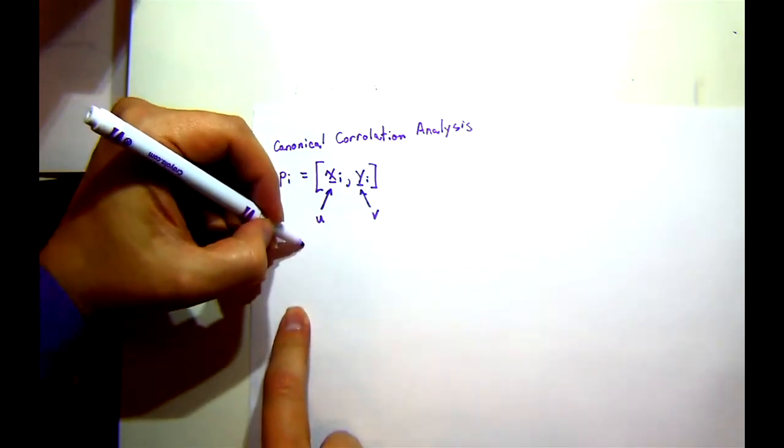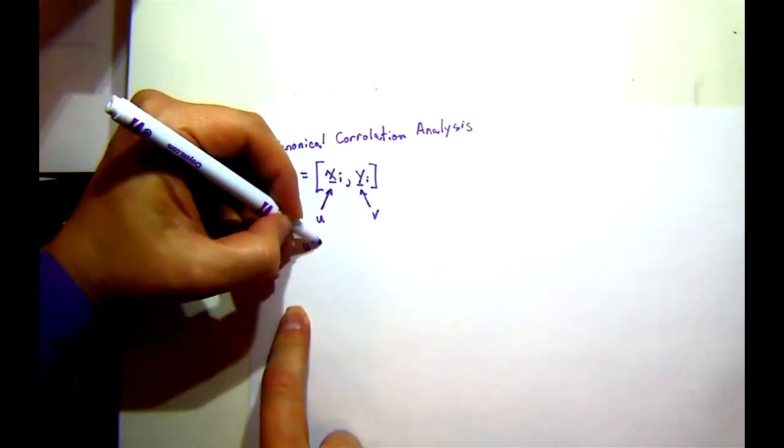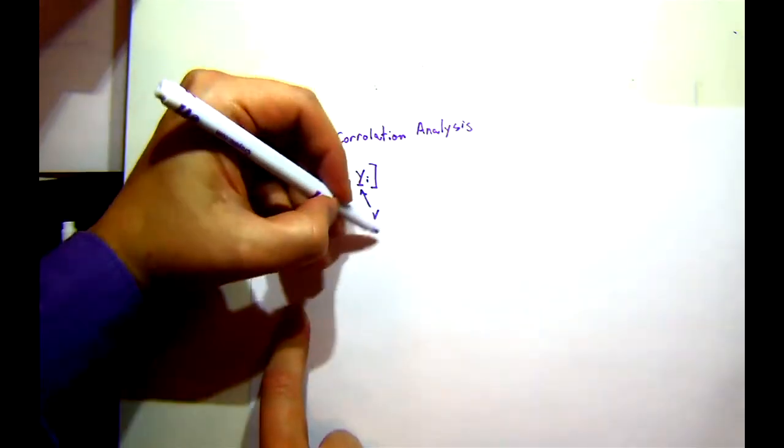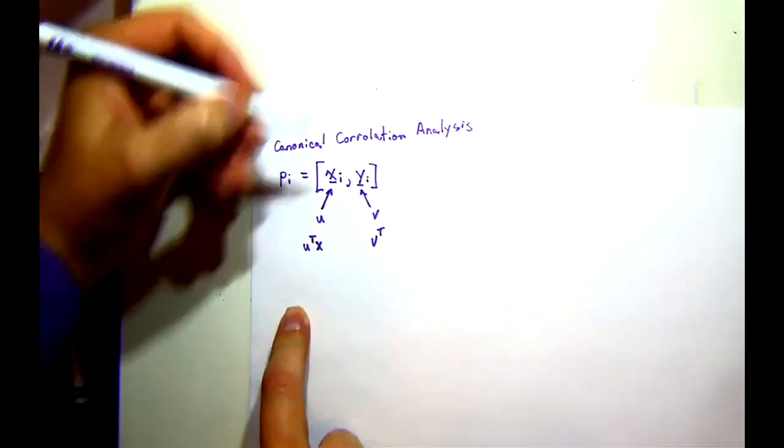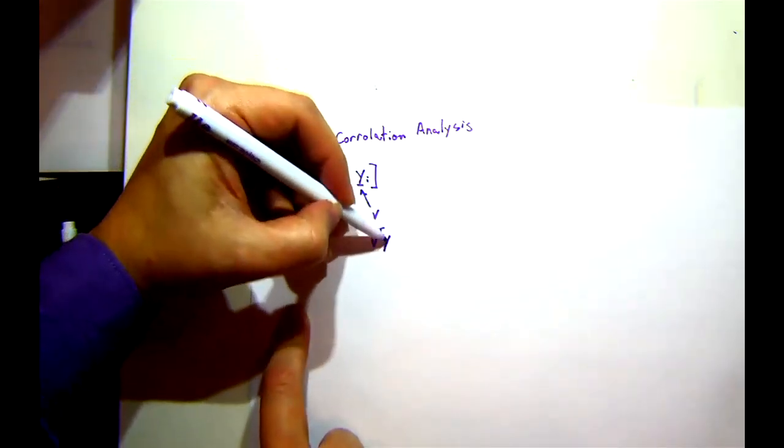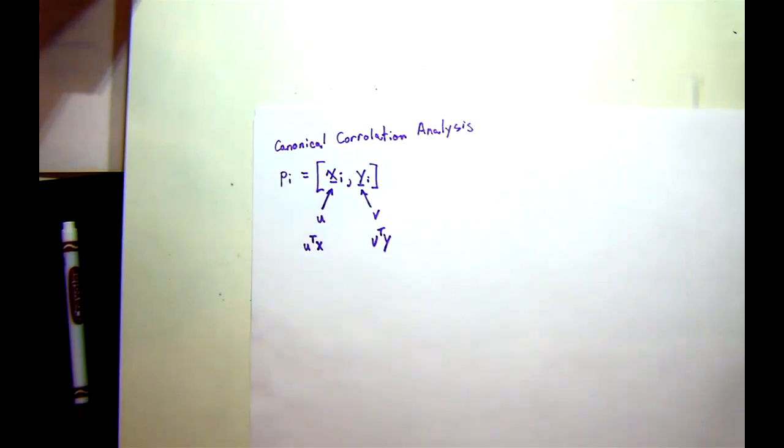But what we're going to look at is some U transpose X and then V transpose Y. And we're going to try to reduce the distance between those two things. So we're going to project them both into this shared space and then get them to line up in the same spot.